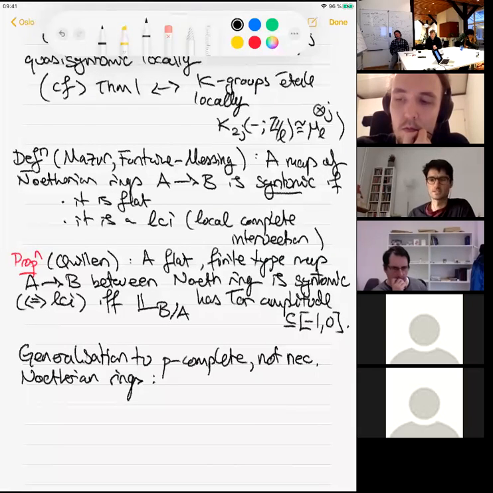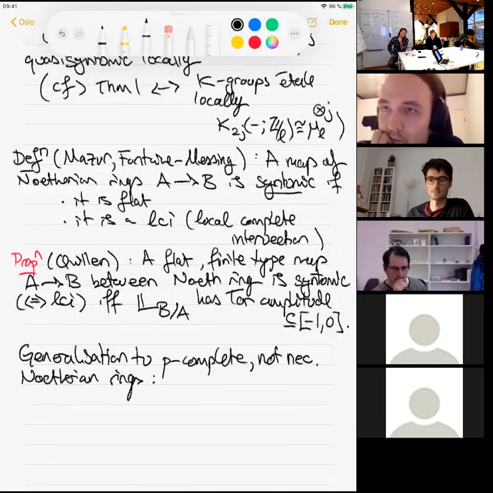So the purpose of this syntomic cohomology in characteristic p is that it lets you add p-th roots of unity. So these are the prototypical non-étale maps in characteristic p, but which are syntomic. And what you'd very often like to do is add all p-th roots of all elements.